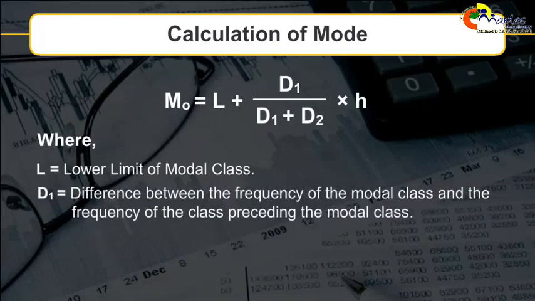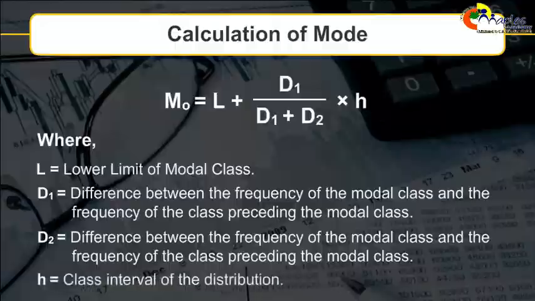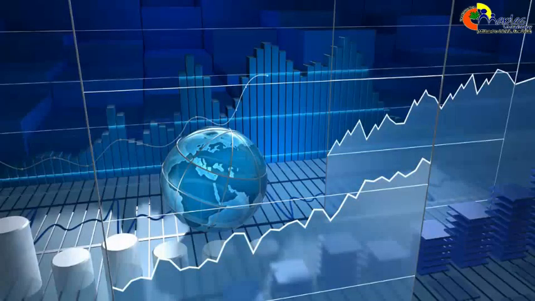D1 is equal to difference between the frequency of the modal class and the frequency of the class preceding the modal class. D2 is equal to difference between the frequency of the modal class and the frequency of the class succeeding the modal class. H is equal to class interval of the distribution.